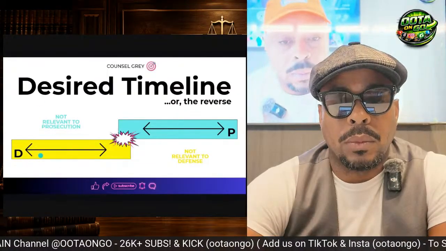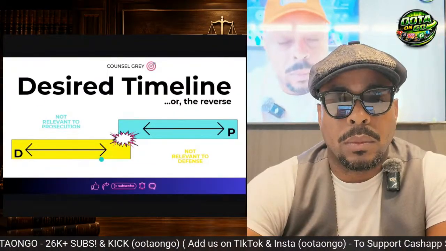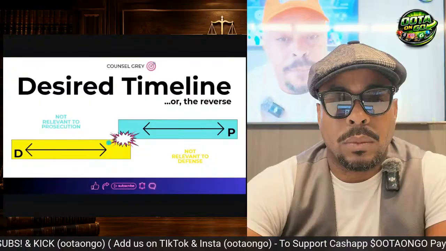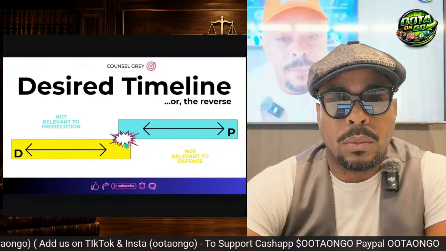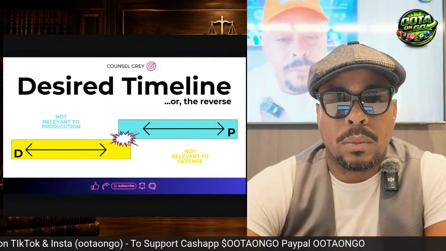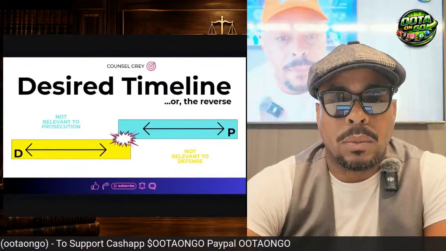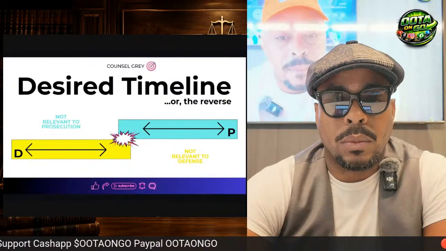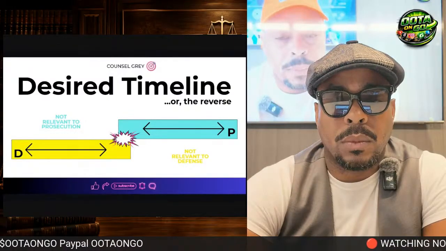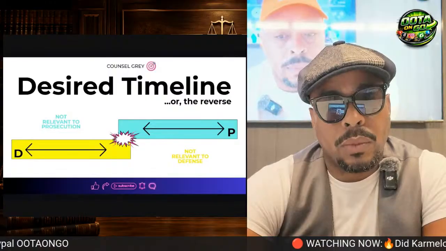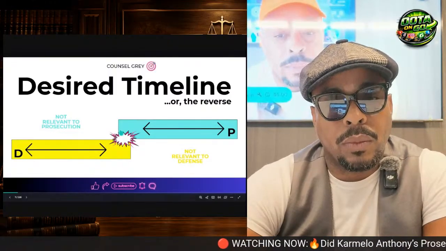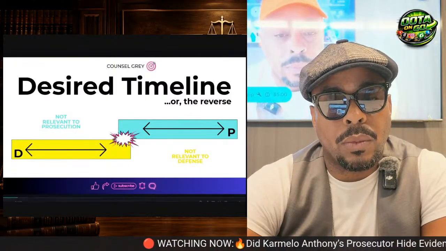The yellow line is what the defense wants. And that big bam in the middle, that's the incident, the moment that Karmelo did whatever he did, or whoever did whatever they did.